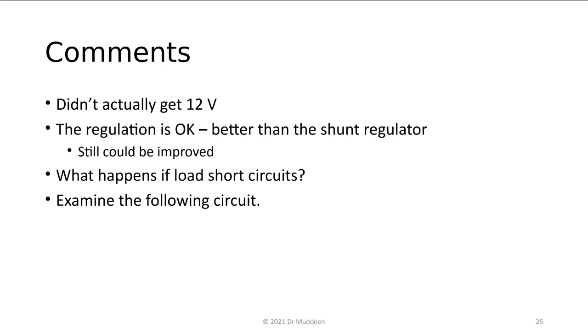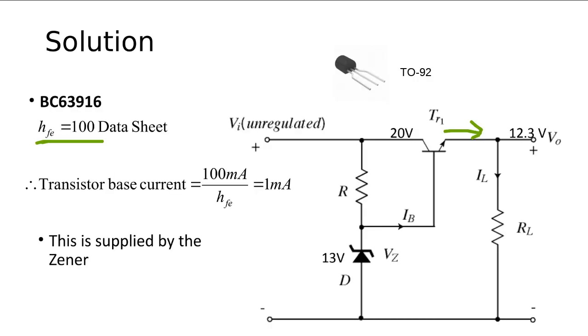And then some other things happening right now. What happens, for instance, if I short circuit the load resistor here? Let's say you were connecting it up on a breadboard and you accidentally shorted the power supply.